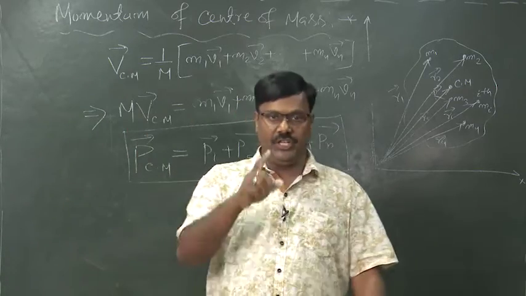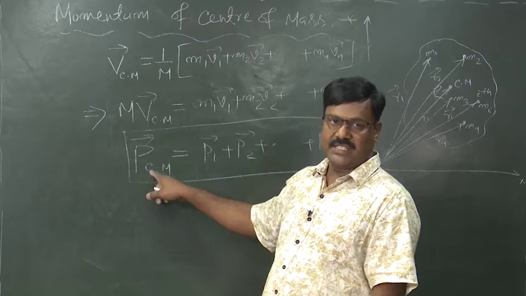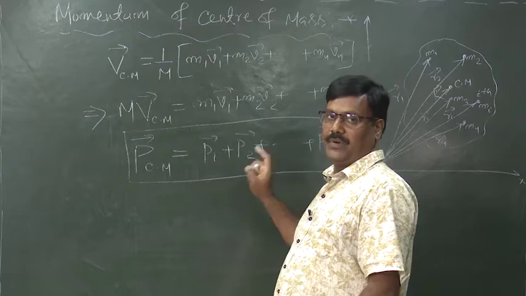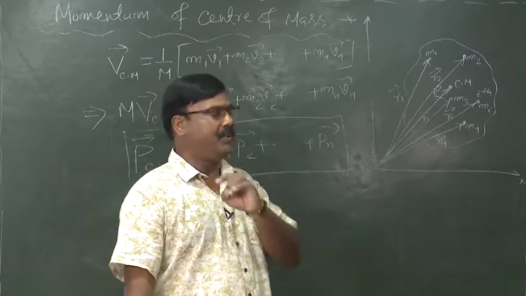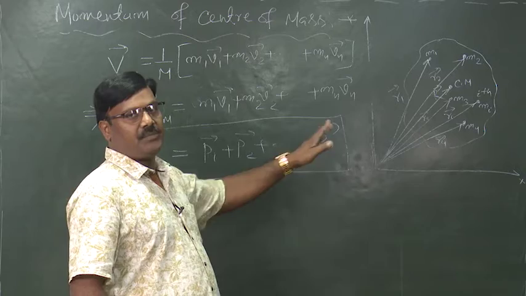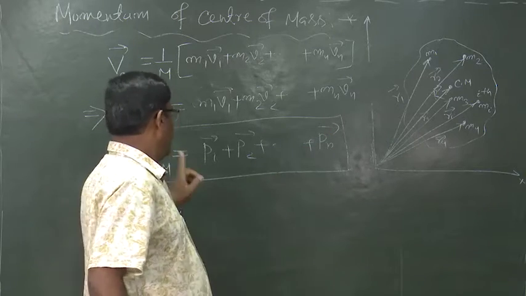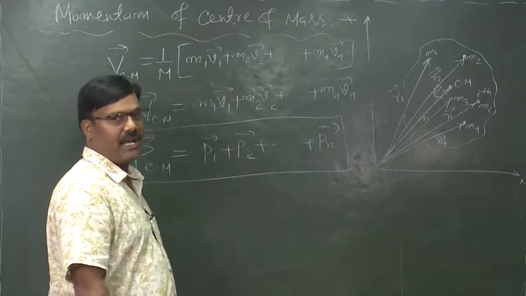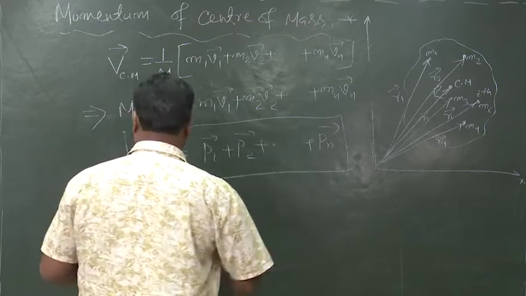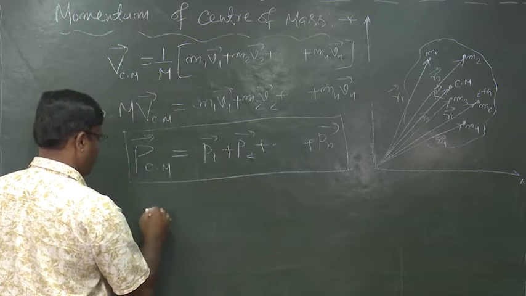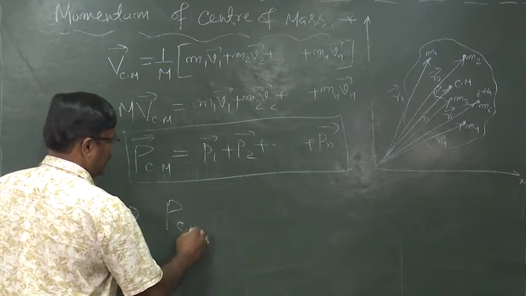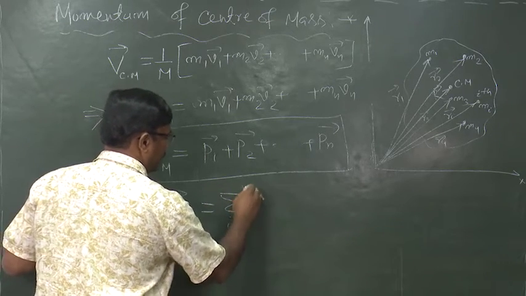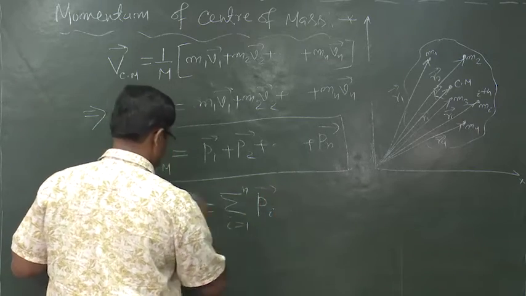Thus, the momentum of the center of mass of a system of particles is the sum of the momenta of all the particles of this system. That is, the momentum of the center of mass is equal to the sum of the individual momenta of all the particles, and this equation can be reduced to P center of mass equal to sum over i equal to 1 to n Pi vector.